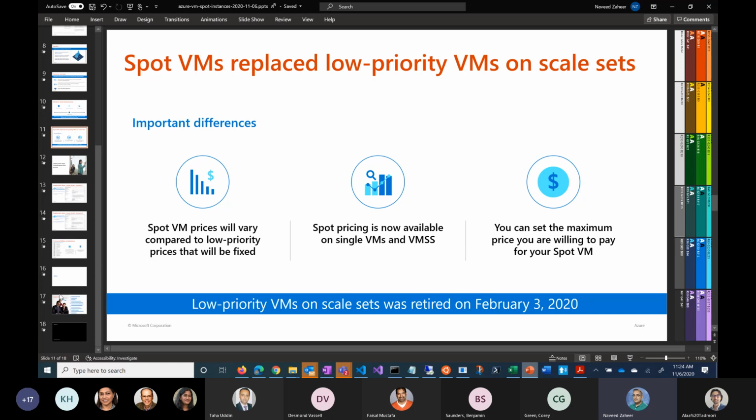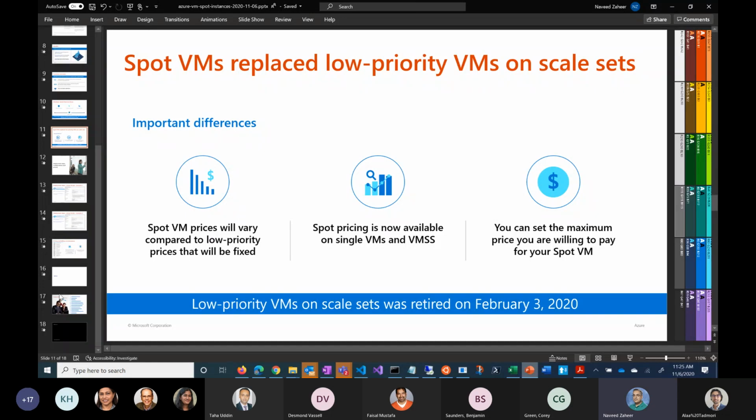And in regards to using Spot instances with VM scale set, be aware that auto scaling may not work. That is, auto scaling should be off. And you can use Spot instances with virtual machine scale sets, with AKS clusters. You can create node pools with the Spot instances.